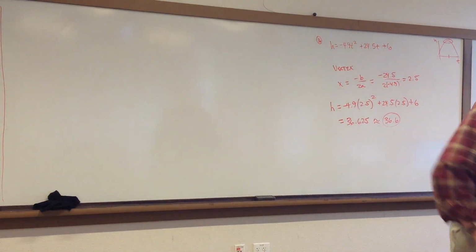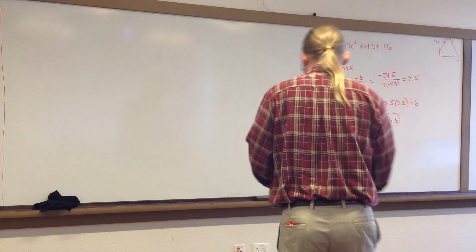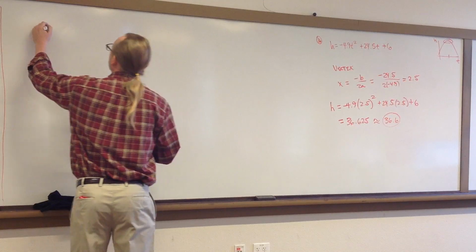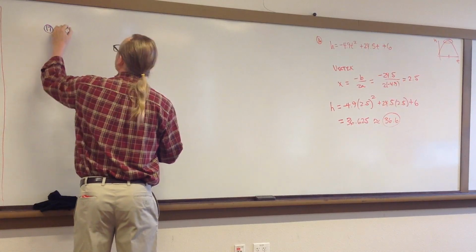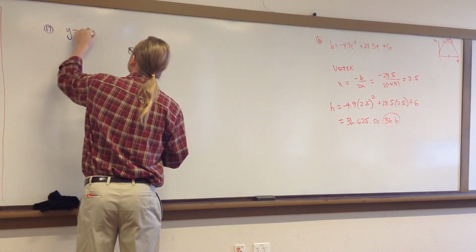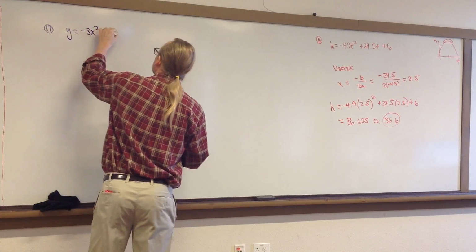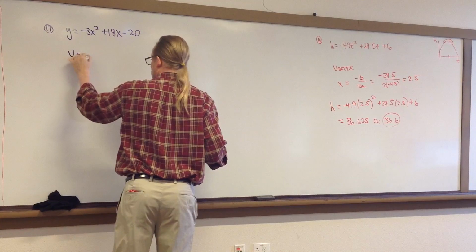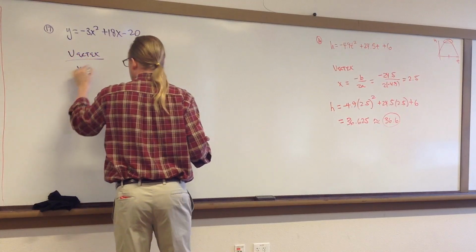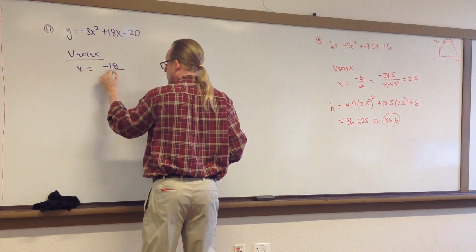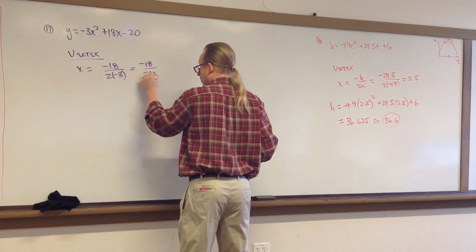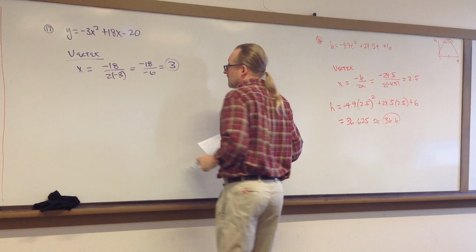Okay, so what we need to graph here, problem 17, is to find the vertex and 4 additional points. So our equation is y equals negative 3x squared plus 18x minus 20. So for our vertex, the x-coordinate is going to be negative b over 2a, which is positive 3.